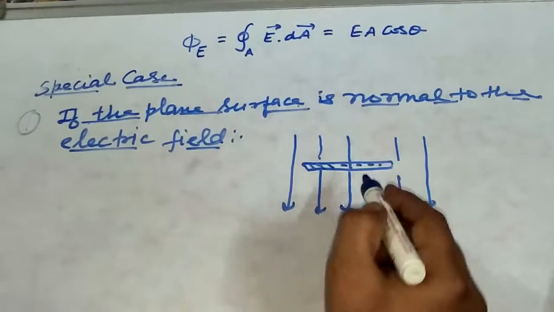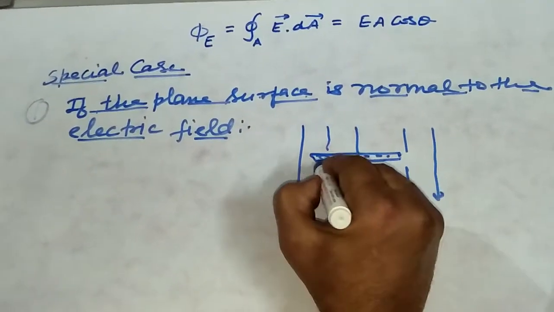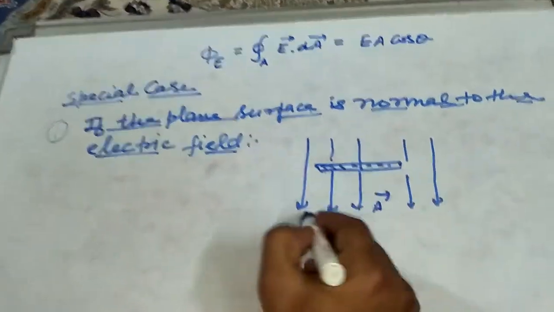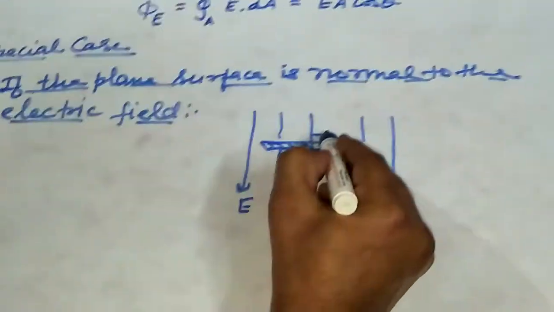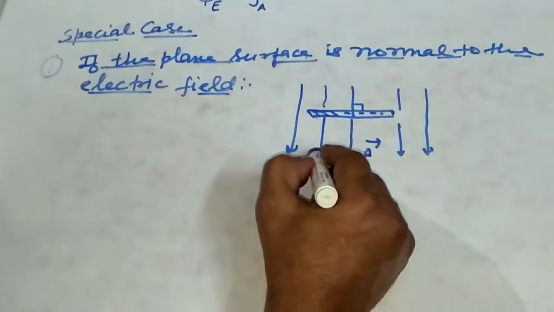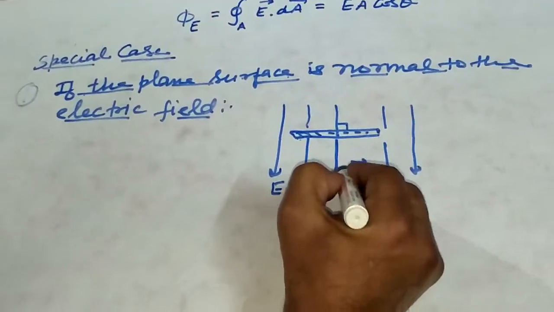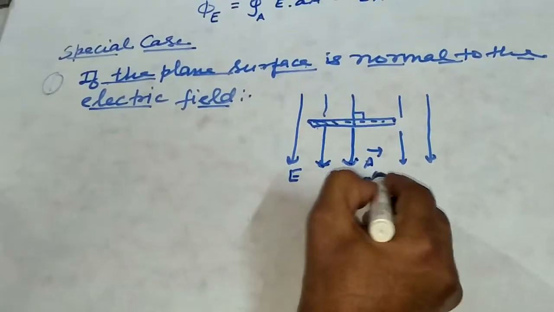In this case, this plane surface, the surface of the umbrella, is normal to the electric field E. It means this plane surface makes an angle of 90 degrees with it. But the electric field vector E and the area vector A make what angle? Here theta is equal to 0 degrees.